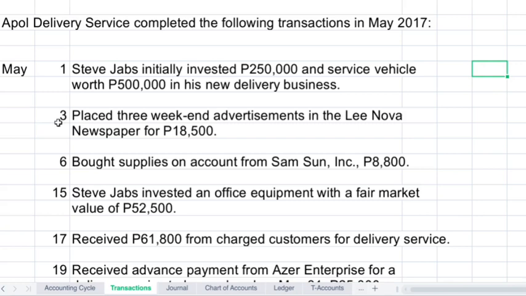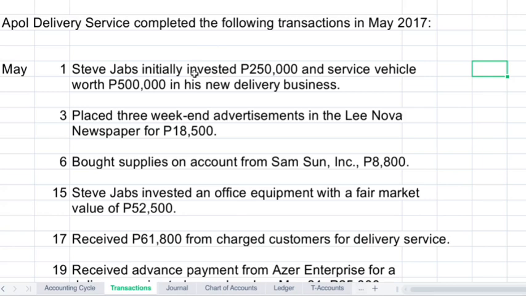So when Steve Jobs invested $250,000 and a service vehicle, what are the accounts affected here? Yes, we have cash, $250,000. We have service vehicle. And then we have capital, since Steve Jobs invested.